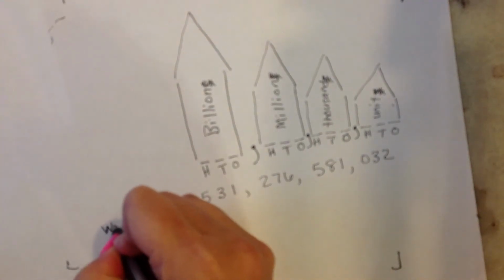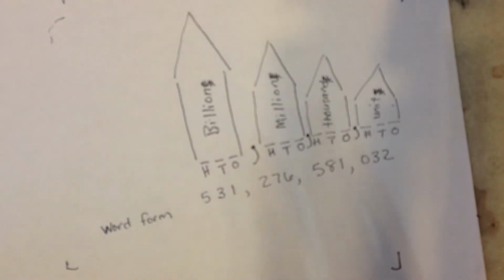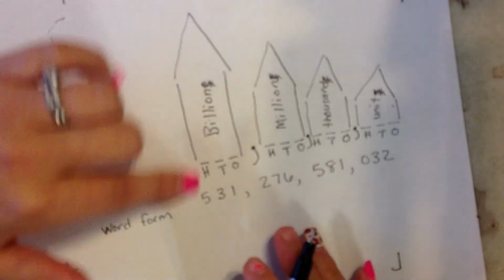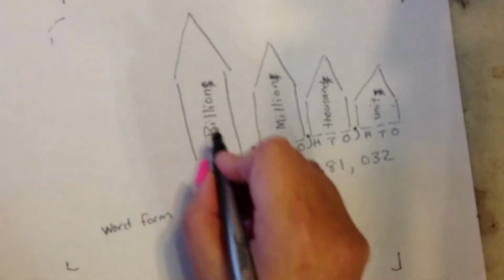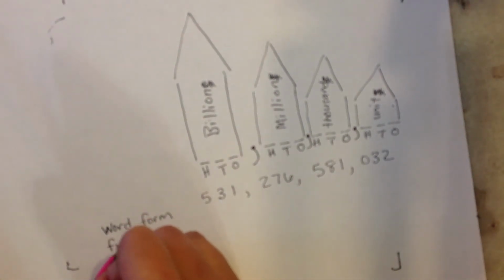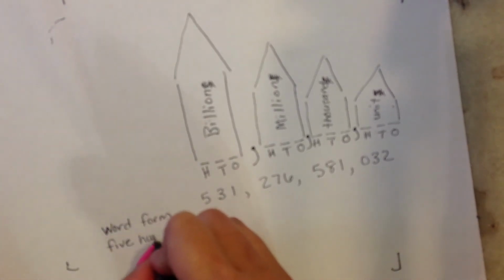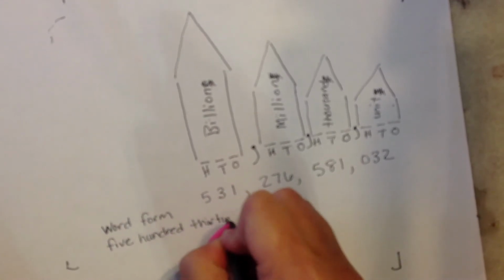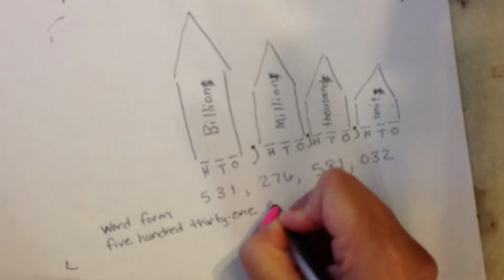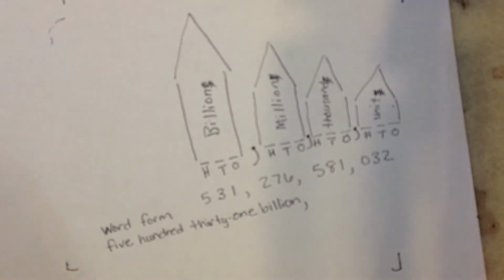Now word form is then very easy for the students. All we have to do is know how to spell. We start out reading the first number, 531 billion, and just the way that we said it is the way that we write it. 531 billion, and then we have a comma.